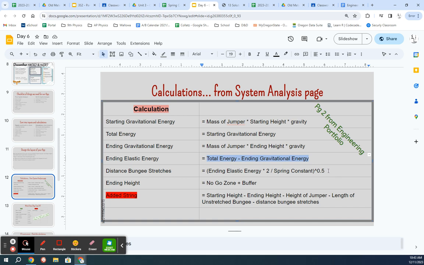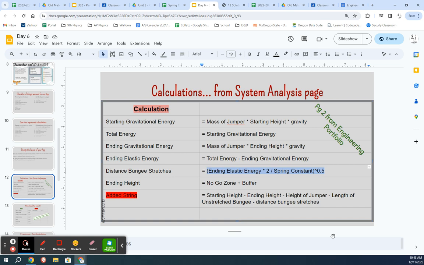To find the distance that the bungee stretches, this is just a rearranging of that equation that we were working on the other day, where we saw that elastic energy equals 1/2 kx squared. This time we want the x by itself.